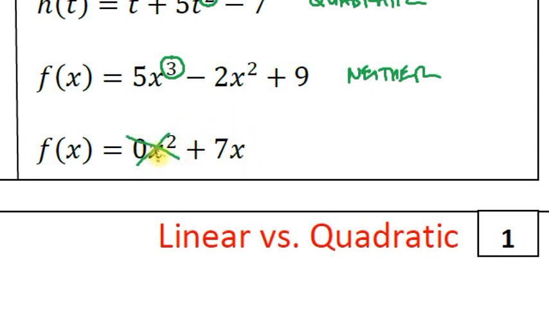If I put a 1 in there, 0 times 1 squared is 0. 0 times 5 squared is 0. 0 times negative 8 squared is 0. Because that term is always going to evaluate to 0, we can't use that term. We're going to have to look at this one, and this one has an exponent of 1. So in this case, we can say this is a linear.